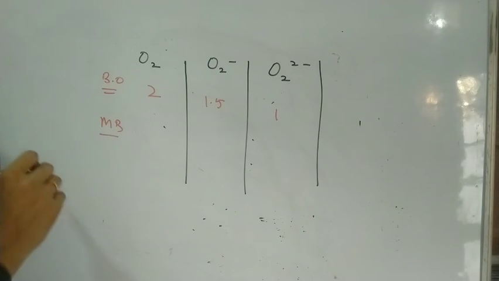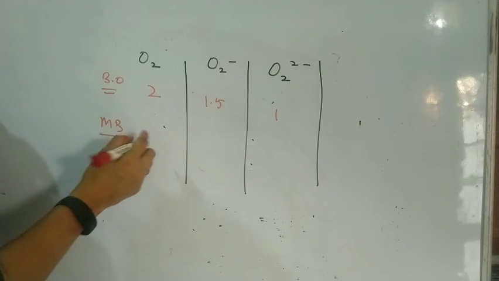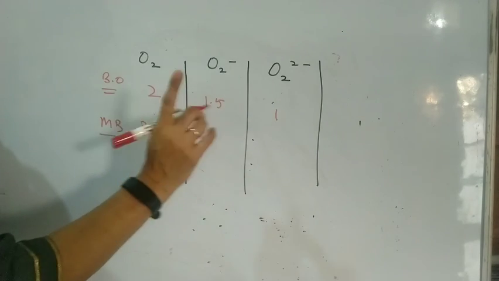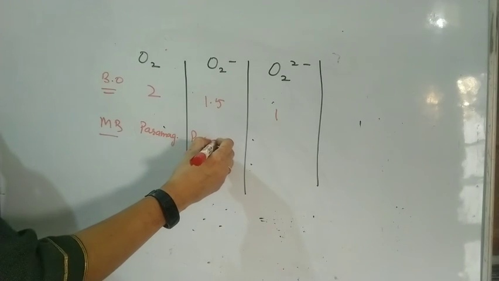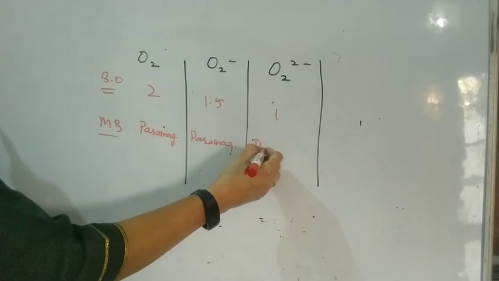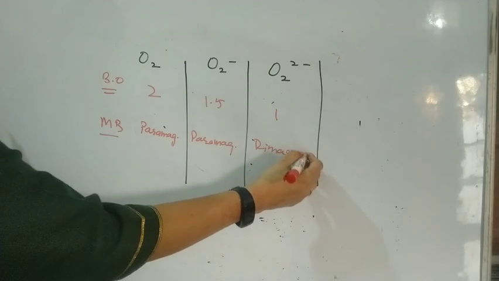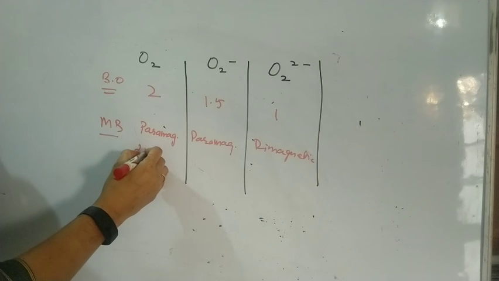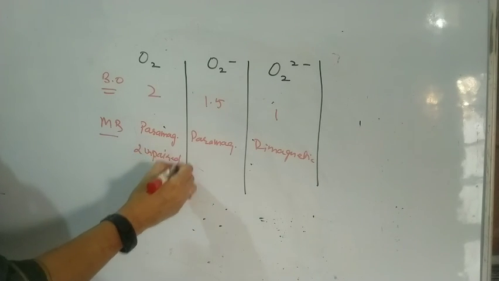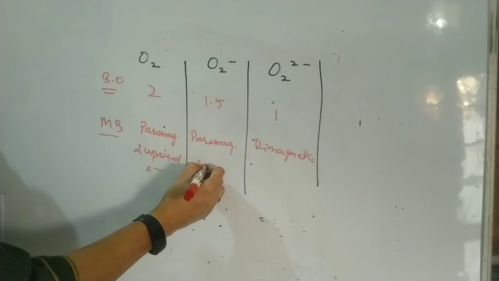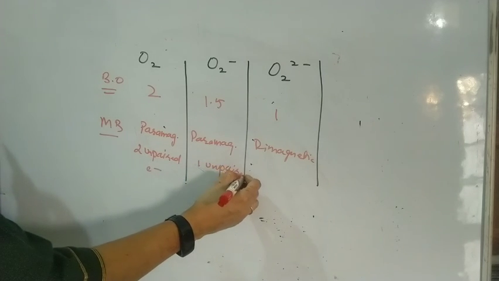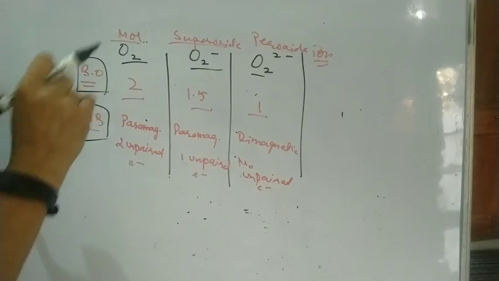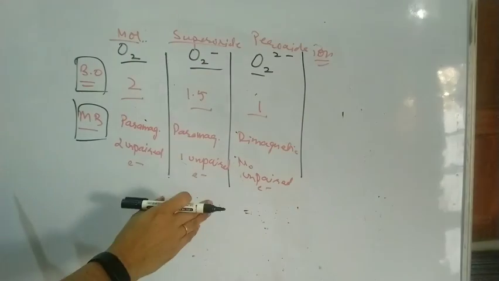Magnetic behavior: unpaired electrons were there, it was paramagnetic. Unpaired electron was there, it was also paramagnetic. And this one is diamagnetic due to paired electrons. 2 unpaired electrons were there, 1 unpaired electron was there. This is all about the bond order and magnetic behavior of oxygen and its ions, superoxide and peroxide.